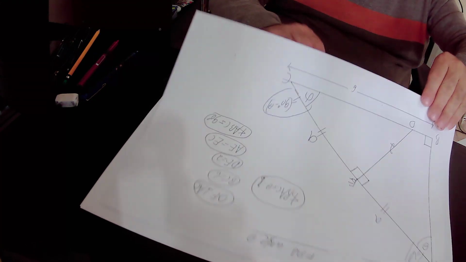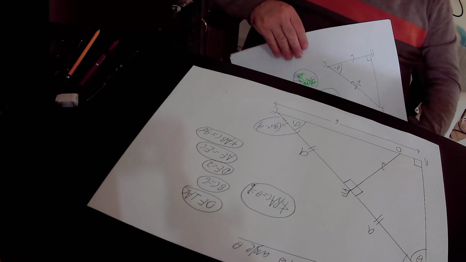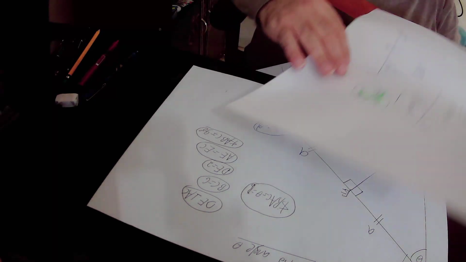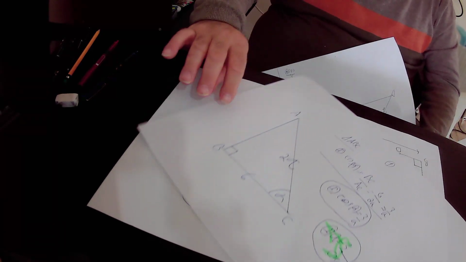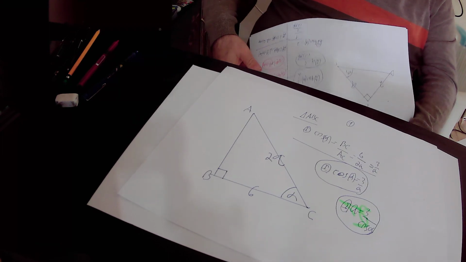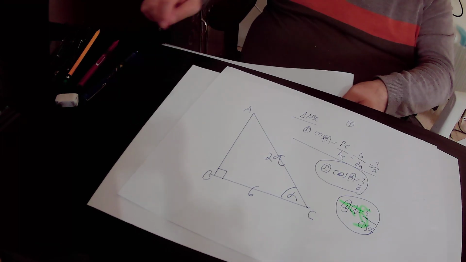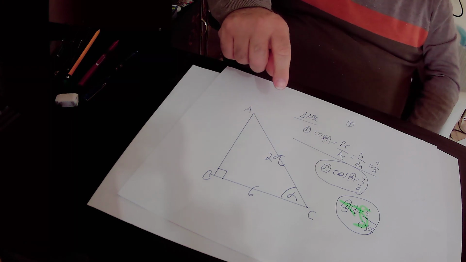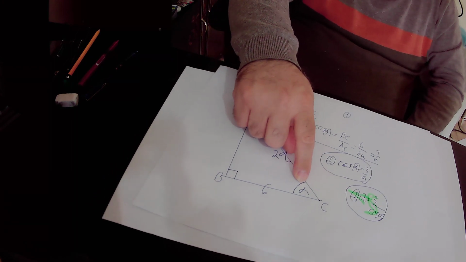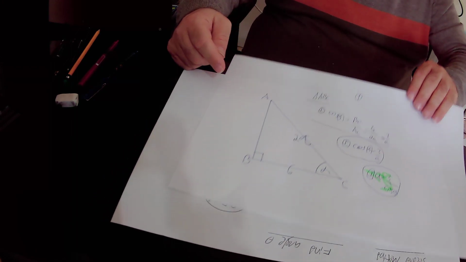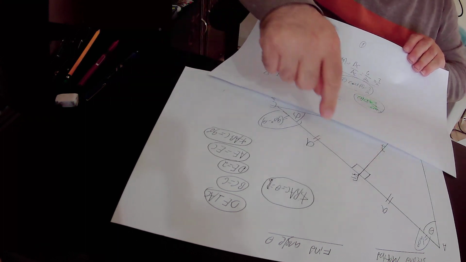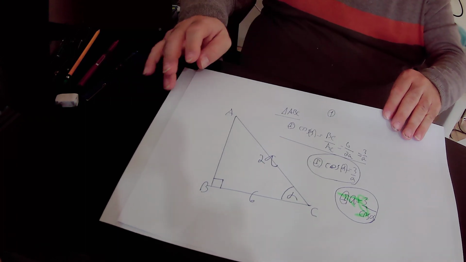So I copied the right triangle ABC into a new page. We know that side BC equals 6 units, as given in the question. This angle again equals alpha according to our definition. And the hypotenuse AC equals a plus a, that is 2a, according to our definition.